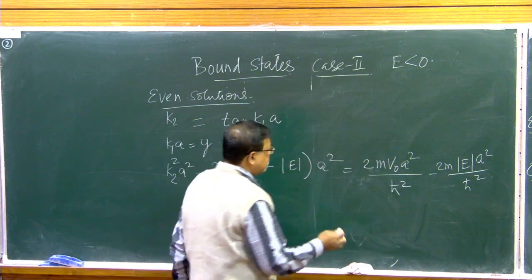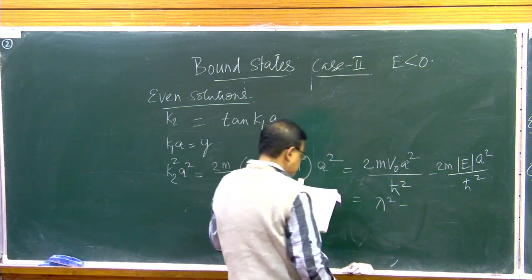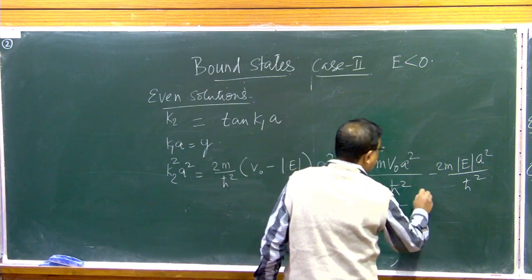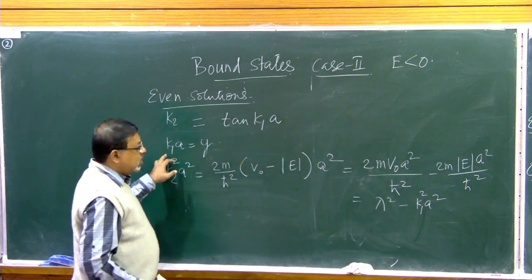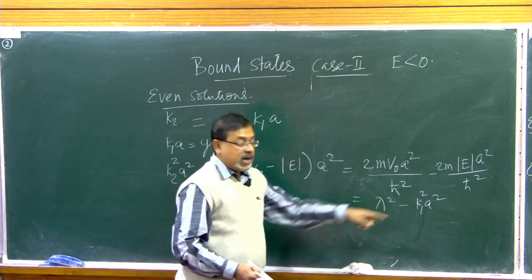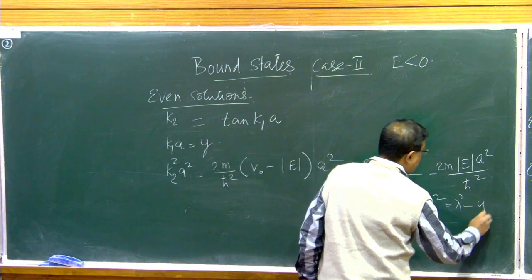Just call the first term lambda square, and the second is nothing but your k1 square a square. That's the definition of this. So k1 square a square is nothing but y square. This is what you have assumed. So this is equal to lambda square minus y square.